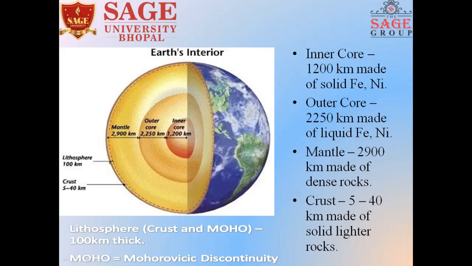The inner core is made up of solid iron and nickel, and is about 1200 kilometers. Then the outer core, made up of liquid iron and nickel, is about 2250 kilometers. Then the mantle is made up of dense rock, and it is about 2900 kilometers. Then the lithosphere is about 100 kilometers. Here is also the crust, which is about 40 kilometers and made up of solid, lighter rock.